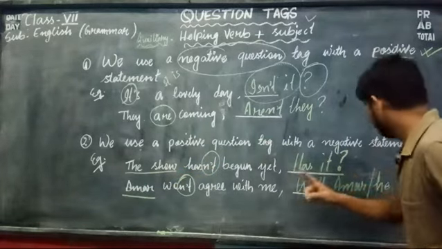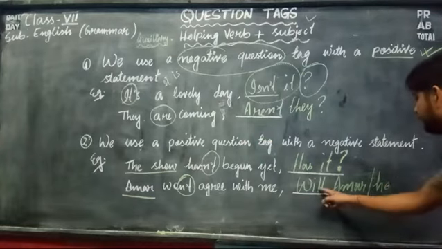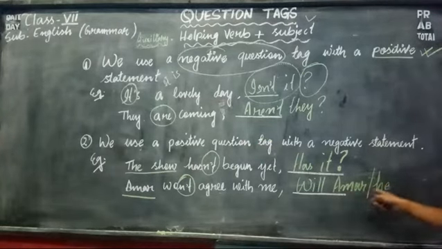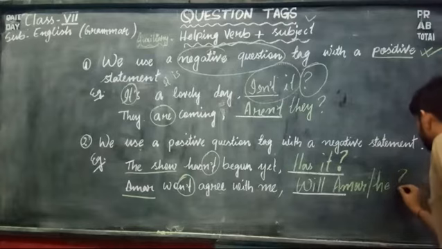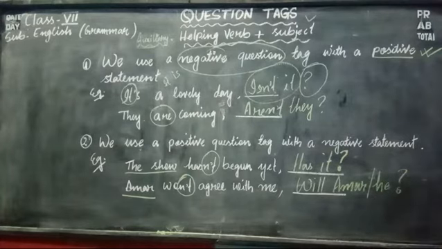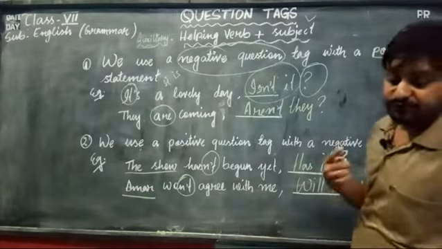In place of that noun we can use the pronoun he. So will Amar you can write, or will he. Then put a question mark.